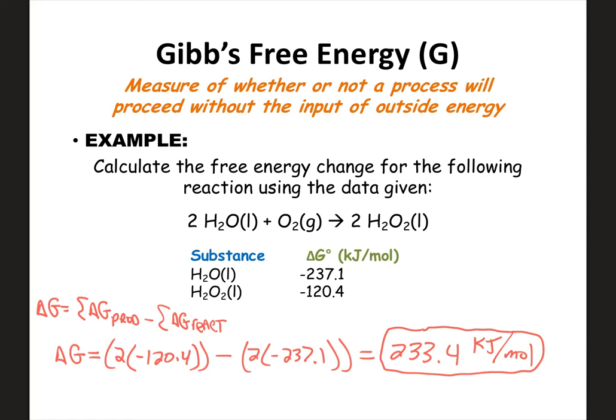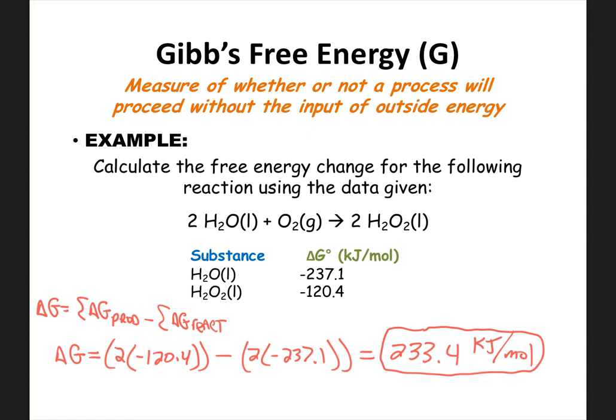A positive value for delta G tells you that your reaction is thermodynamically unfavored. And why that is, we could look at and think about here. But the key is that you definitely need to understand that a positive value for delta G is thermodynamically unfavored.